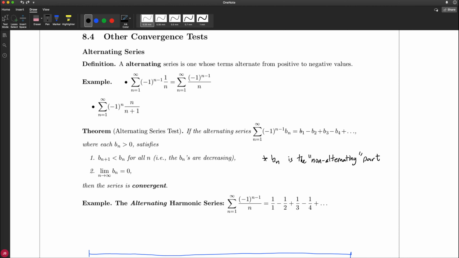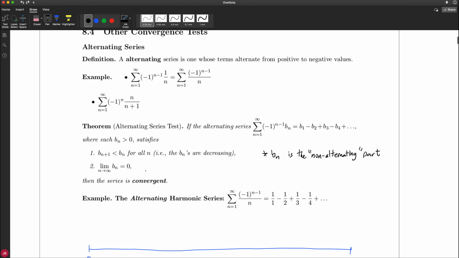Anyway, when you have this alternating series, let's suppose these bn's are positive, and we'll see that it only needs to be eventually positive. We call these bn's the non-alternating part. Well, if these bn's are decreasing, and in fact decrease down to 0, then the series converges. And let me give you the prototypical example of the alternating series test at work.